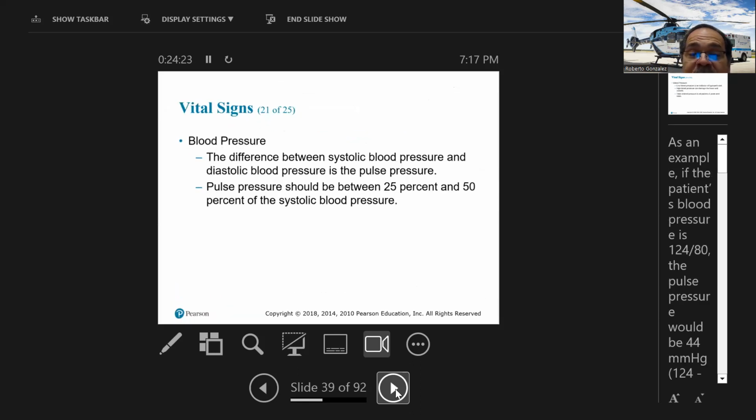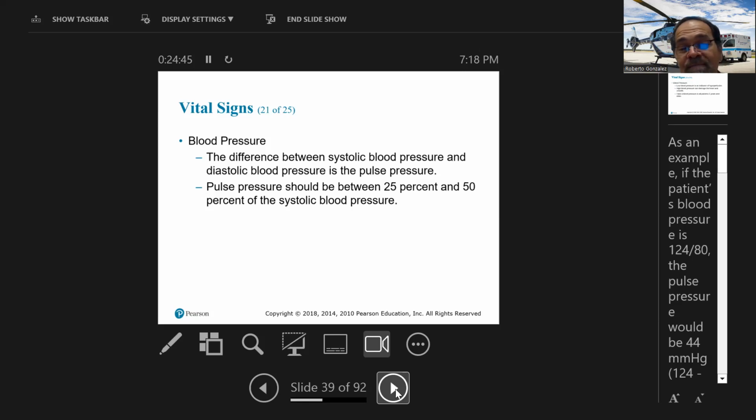The difference between the systolic blood pressure and the diastolic blood pressure is the pulse pressure. Pulse pressure should be between 25 and 50 percent of systolic blood pressure.